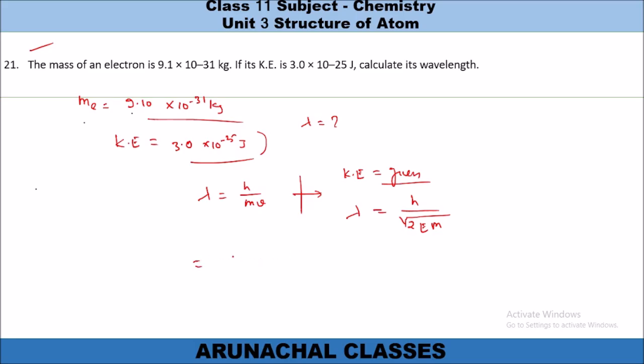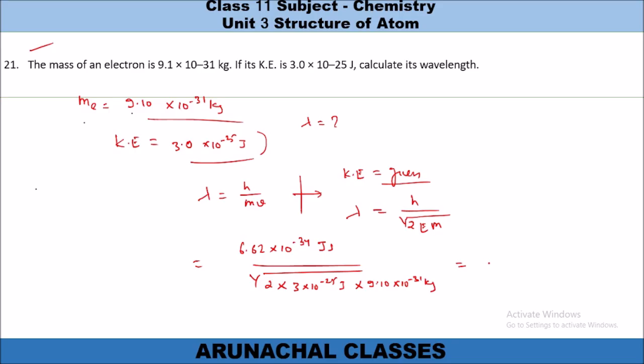So the h value is 6.62 multiplied with 10 power minus 34 joule second divided by root over 2 multiplied with E, which is the kinetic energy, that is 3 multiplied with 10 power minus 25 joule, then the mass of electron is 9.10 multiplied with 10 power minus 31 kg.